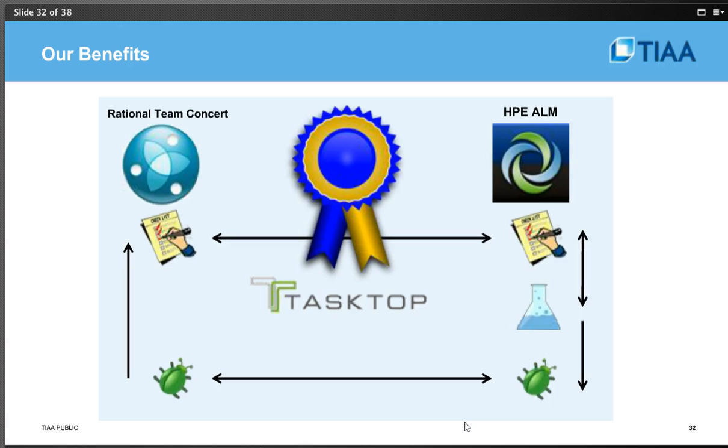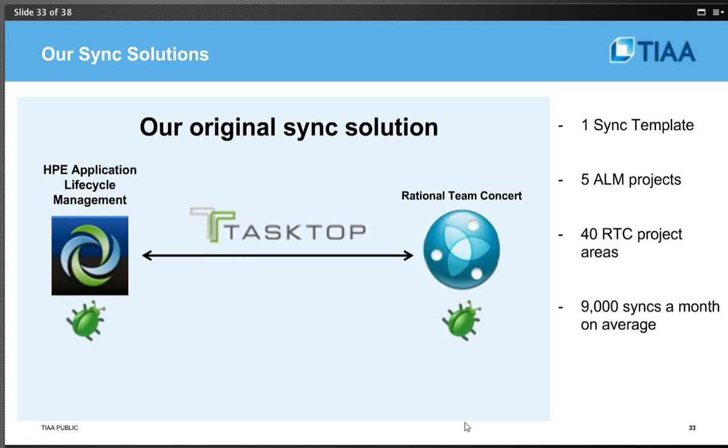And hopefully you got some good information from that today. I did want to touch a little bit in general on the different syncs that we have. With our original sync solution that we've had out there for the past 3-4 years, we're running on one sync template. In Tasktop Sync, and maybe in other tools as well, you can set up a mapping template.